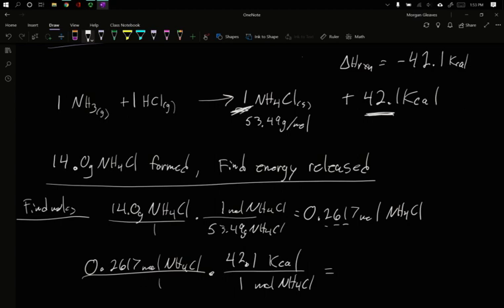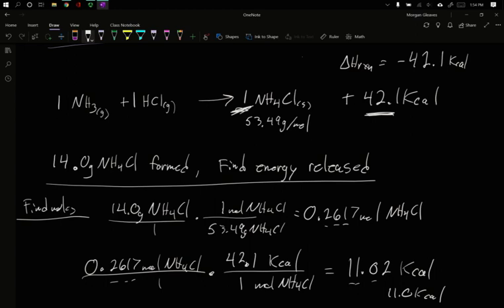I have about a quarter of that, so I should get about a quarter of the energy. And what we find is that it is 11.02 kcals of energy. And we'd said 3 sig figs, so it is about 11.0 kcals.